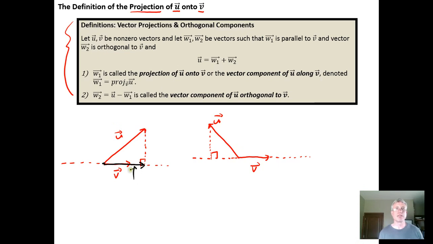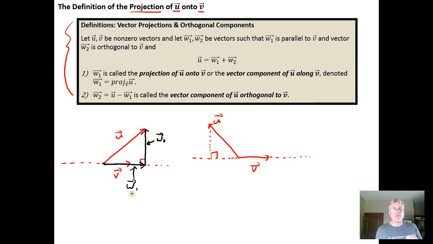And this is, in the definition up here, the vector w sub 1. And then we have the vector that is orthogonal to v, that I can draw by starting here at the terminal point of w sub 1 and drawing up to the terminal point of u. And this is the vector in the definition that we're calling w sub 2.